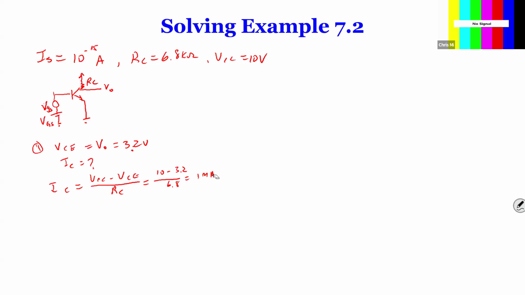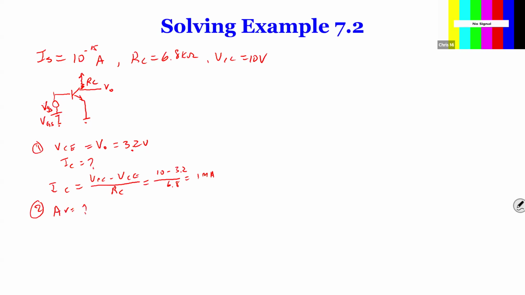Find the voltage gain at the bias point. So once we find IC, what we need to do is find the voltage gain, so we need to find AV.